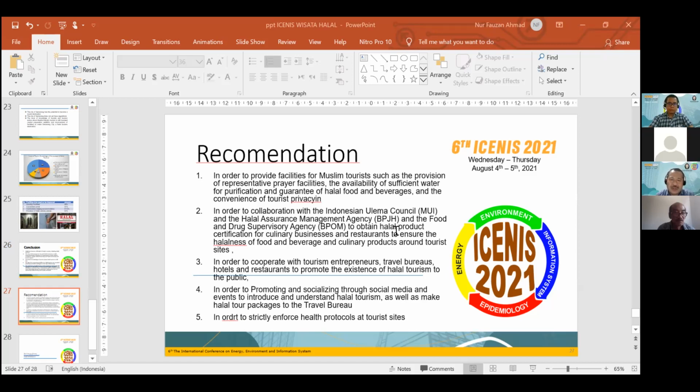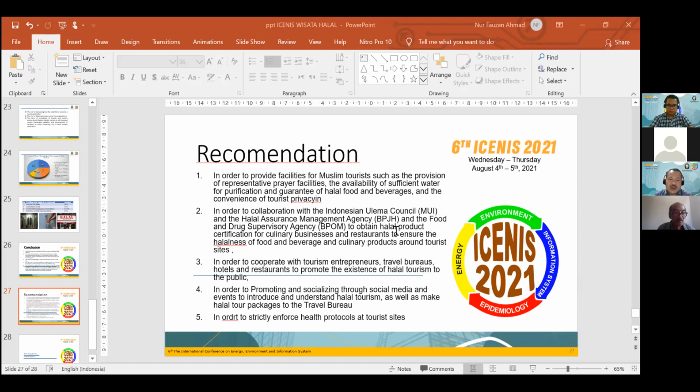Second, to collaborate with Indonesian ulama, Majelis Ulama Indonesia, the Halal Assurance Management Agency, and the Food and Drug Security Agency, BPOM, to obtain halal product certification for culinary businesses and restaurants, to ensure the halalness of food and beverage and culinary products around tourist sites.